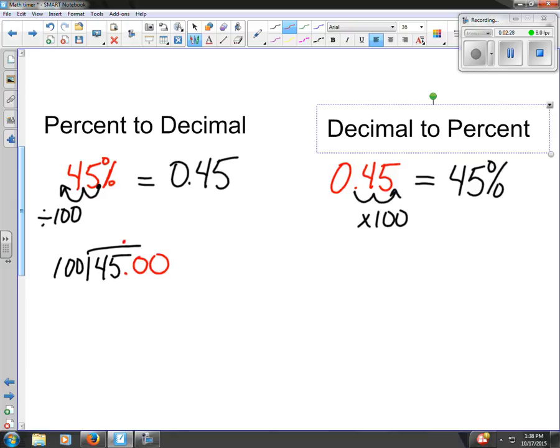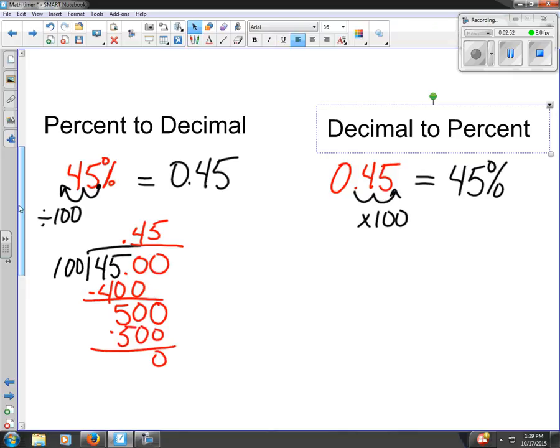So I'm looking at 100 into 450. That goes 4 times. And then 450 subtracting 400, you get 50. You bring down the 0. It goes in 5 times. And there you have it.